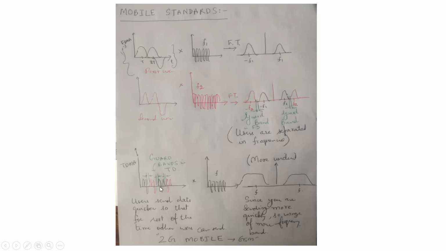Because these are high rate signals, once you multiply with the high frequency carrier wave and take its Fourier transform, there will be an expanded version, because the spectrum will be centered around f and minus f. So f is the frequency of the carrier that we are using, and this will be a slightly broadened version of the spectrum, because these are all high rate signals.